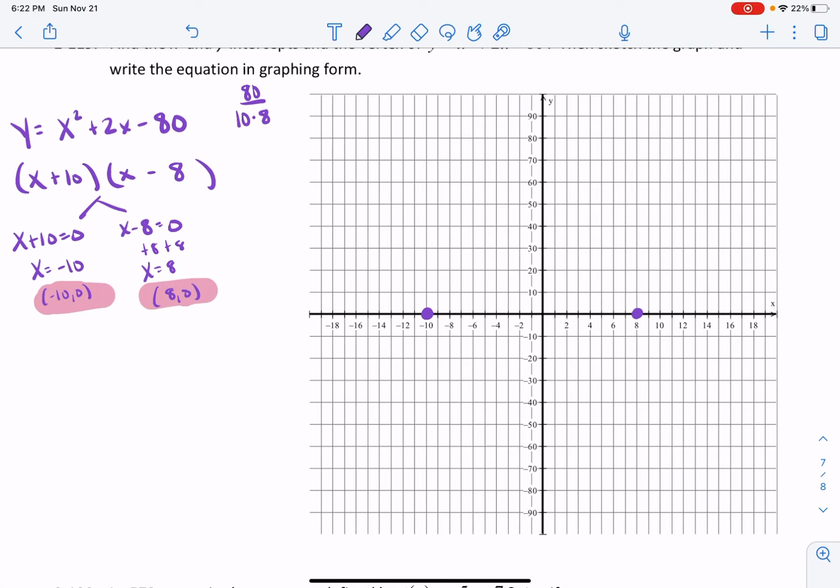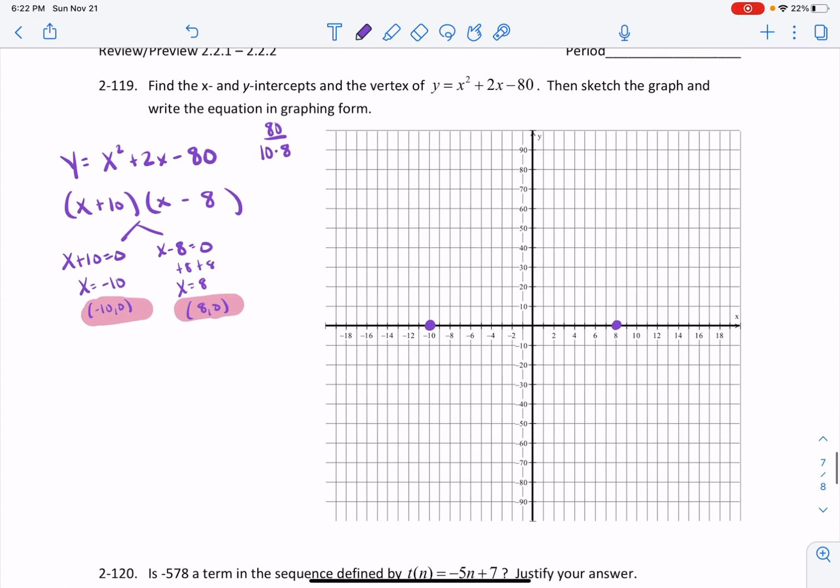Okay. Now we probably want to start finding our vertex, axis of symmetry, that stuff, so we can use our negative b over 2a. That would give us our x value. So it'd be negative 2 over 2 times 1. So that is negative 1. So that is our h and axis of symmetry.